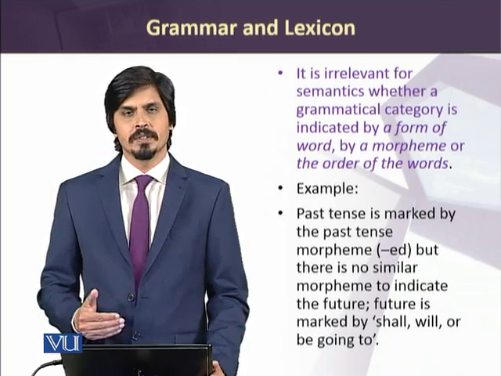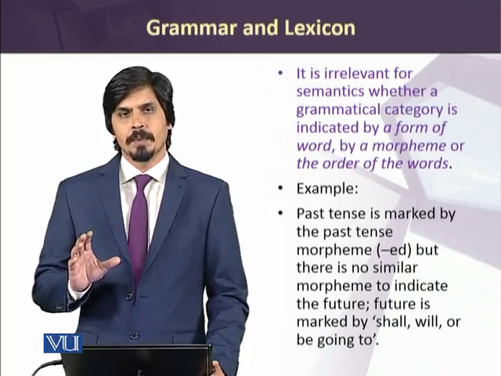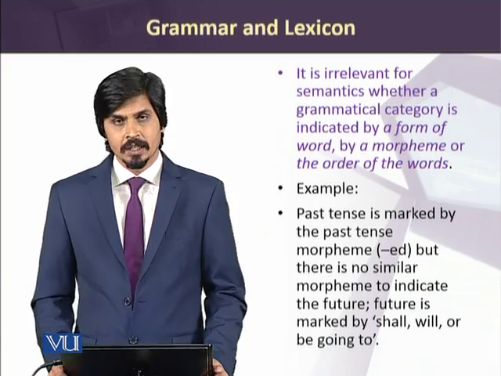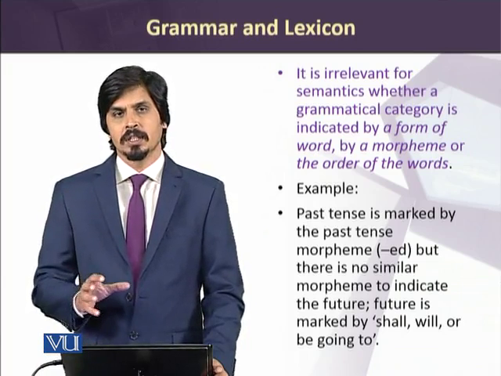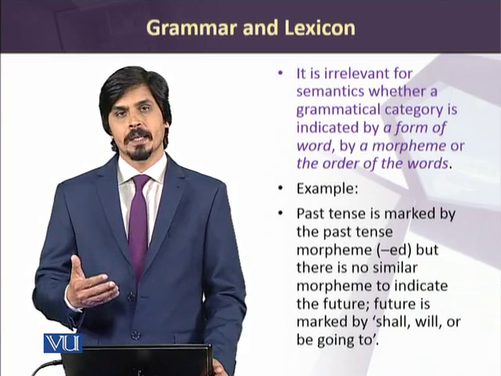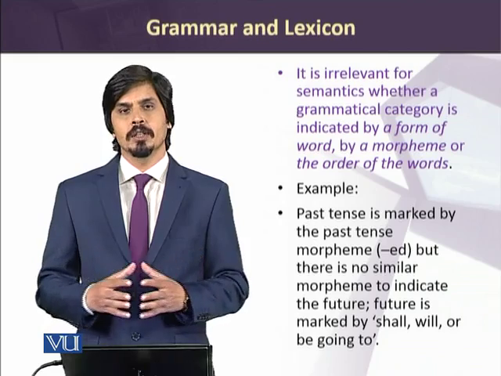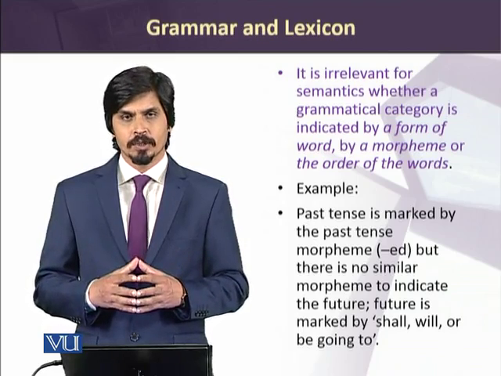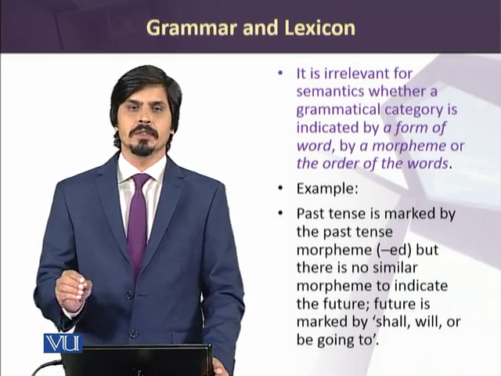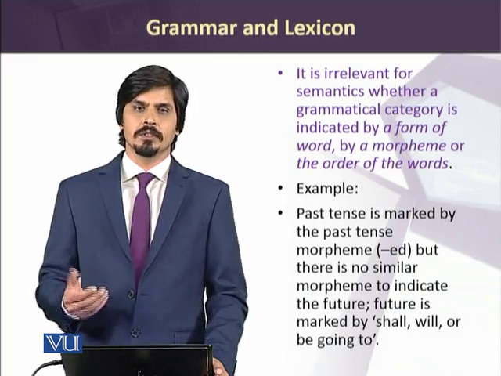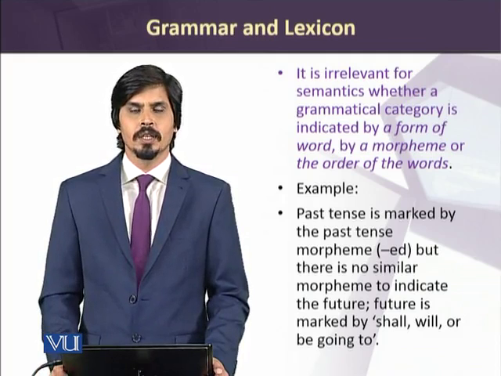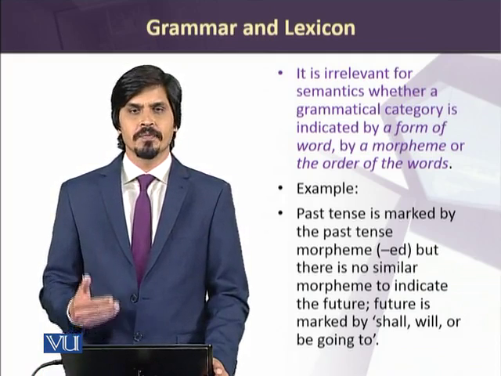If you look at the examples down here, past tense is usually indicated by a morpheme ending in -ed in most past tense verbs available in the English language, whereas there is no such morpheme addition to indicate the future, and we use markers such as shall, will, or going to in order to indicate future in English.